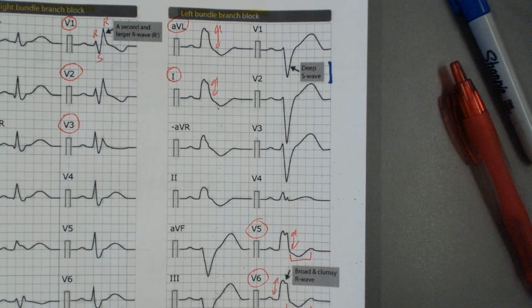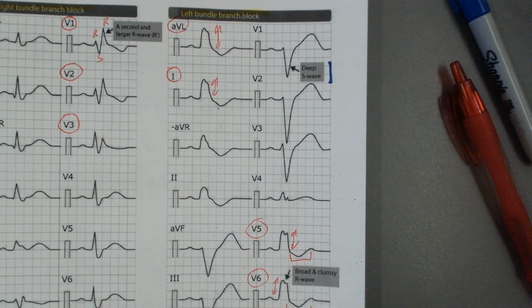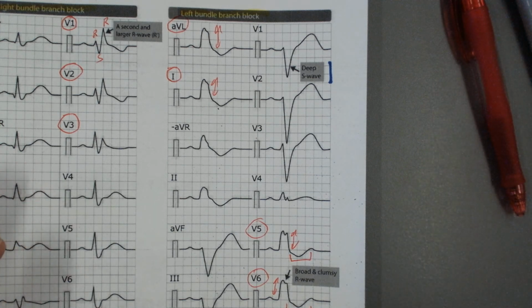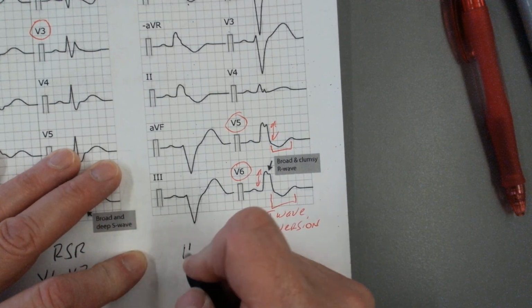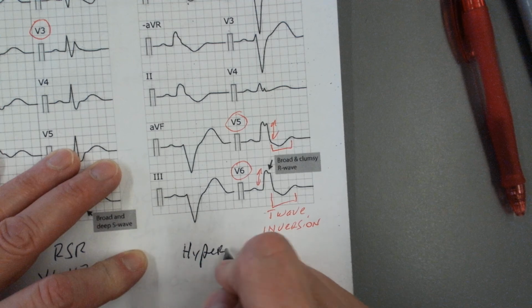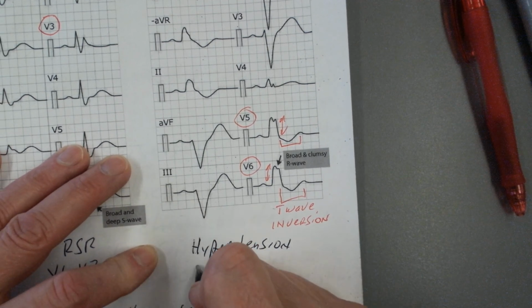Now, when you get left bundle branch blocks, they never occur in normal hearts. If you see a left bundle branch block, there's always something wrong with the heart. And what kind of things can cause this? So first of all, there's hypertension. Then there's ischemia.